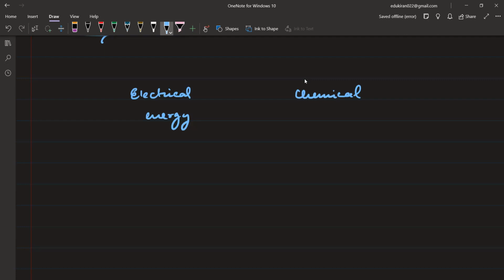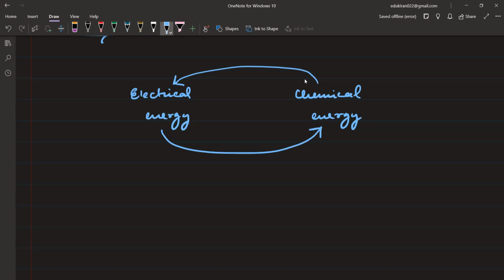Okay, so if we go from here to here, we are converting chemical energy to electrical energy, and we will also be using electrical energy for some chemical transformation. If I convert chemical energy to electrical energy, this is known as a galvanic cell. And if I use electrical energy for some chemical transformation, then it is known as an electrolytic cell. Okay, so these are the things that we are going to learn in this chapter.